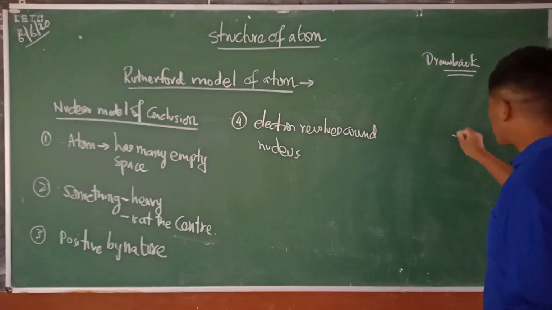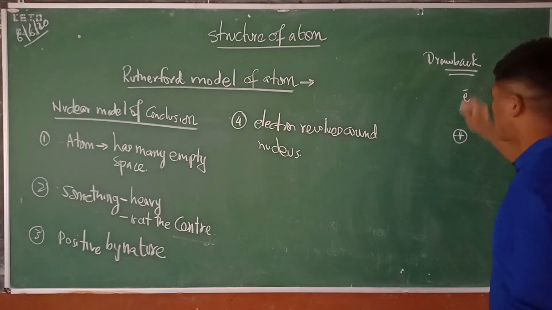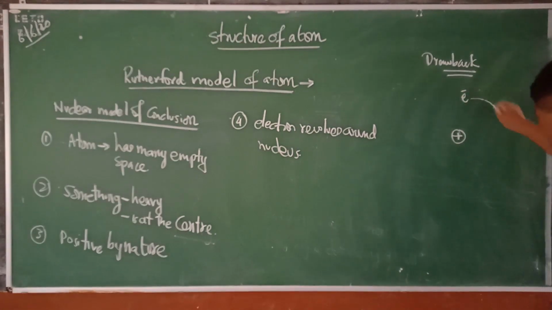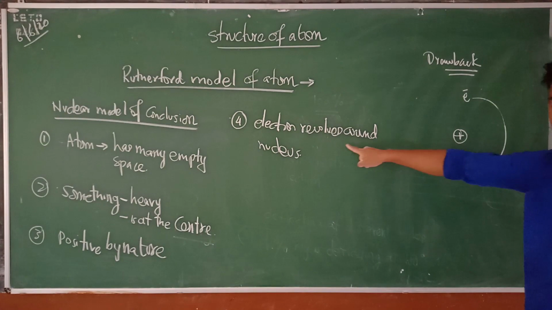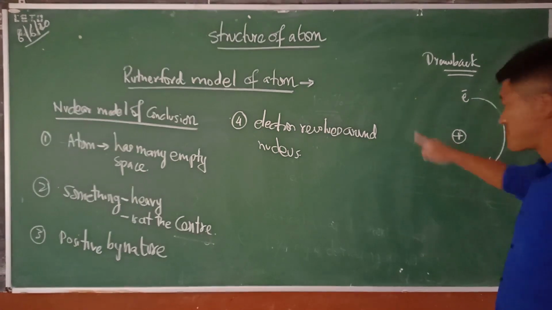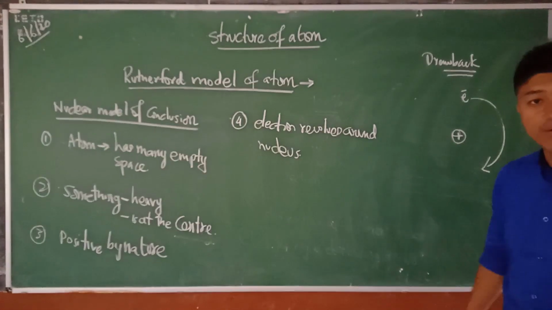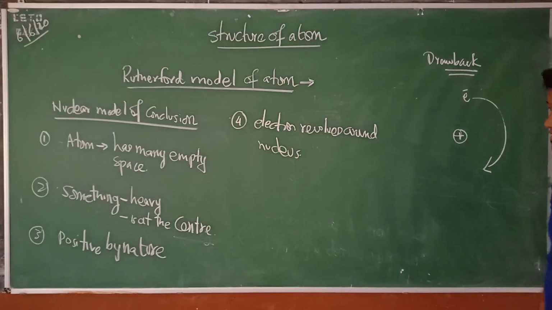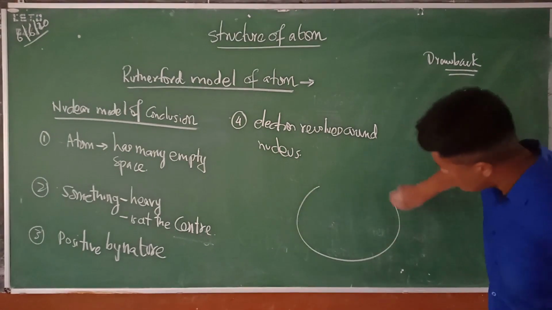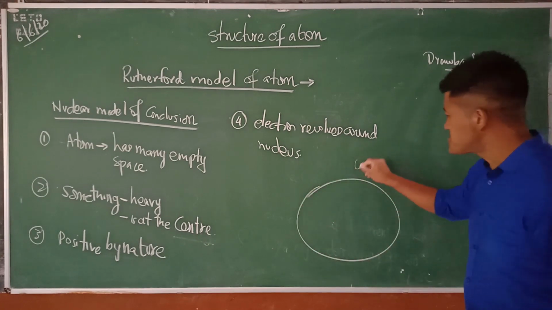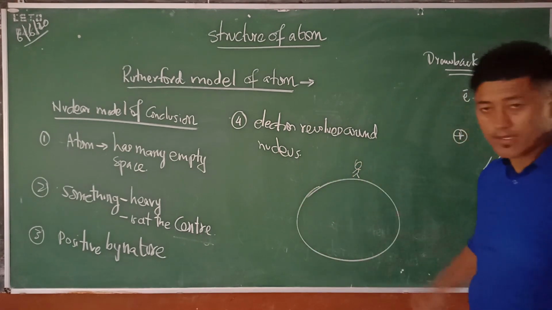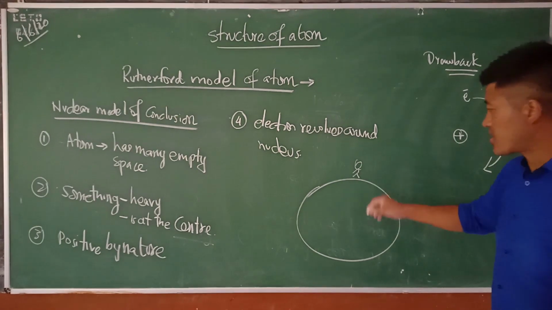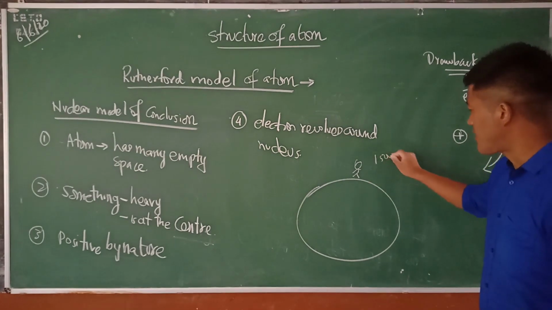Now let us consider this is the positive nucleus and this is the electron. He says that the electron revolves around the nucleus in a particular kind of orbit. So let us imagine there is a track and a person who is going to run a 1,500 meter race.